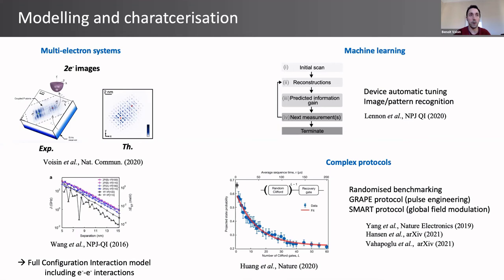And finally, there's also a huge effort to develop complex protocols to characterize the performance of those multi-qubit devices through, for example, randomized benchmarking, and also to implement more and more complex protocols on those devices via pulse engineering or global field modulation. So that's really where this field is going.